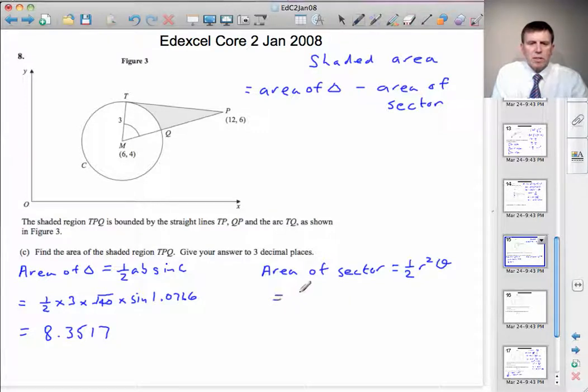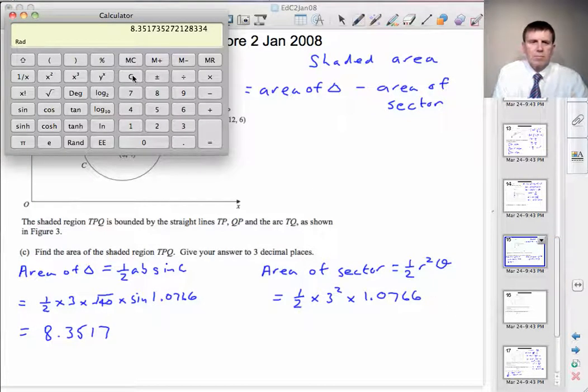So in this case, it's a half multiplied by 3 squared multiplied by 1.0766. So we want 0.5 multiplied by 3 squared, which is 9, multiplied by 1.0766. And that comes to 4.8447.